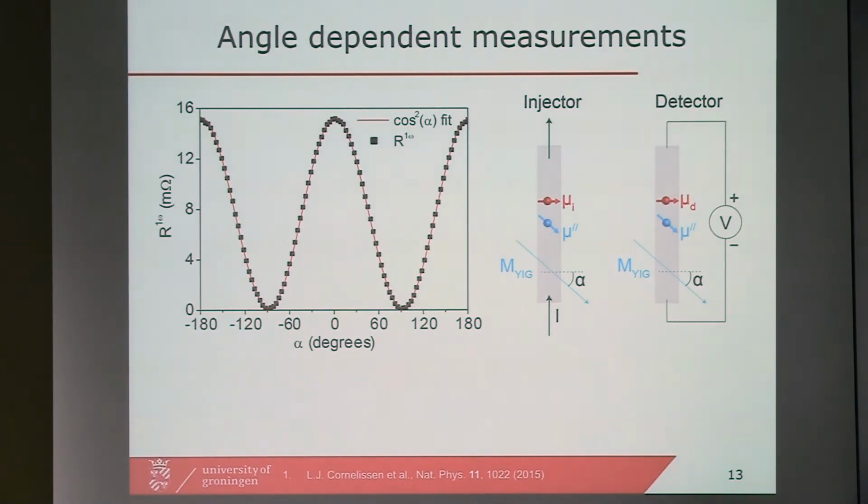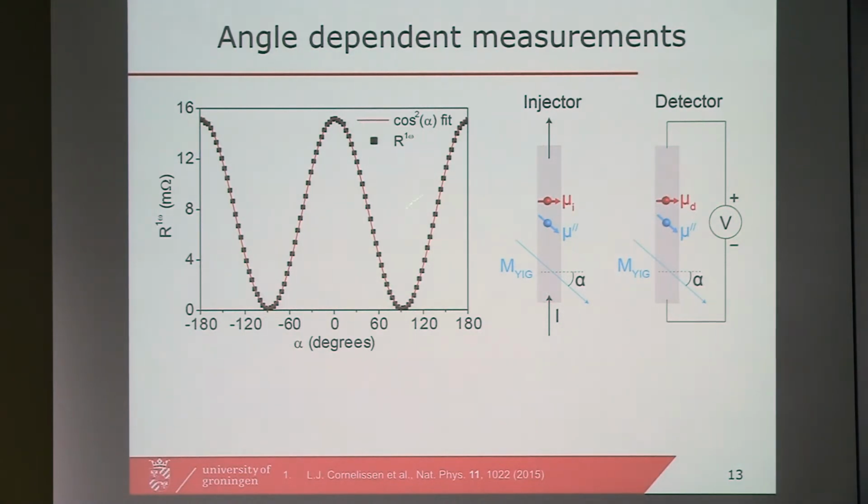The reason for it is as follows. This is a top view of the device. We pass a current through the injector, which generates a spin accumulation polarized like this via the spin Hall effect, mu I. Only the component which is parallel to the magnetization will generate magnons in the YIG.